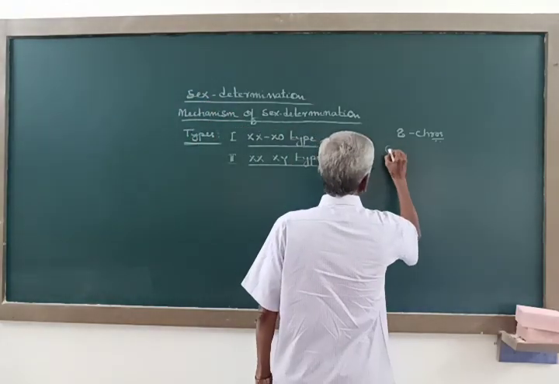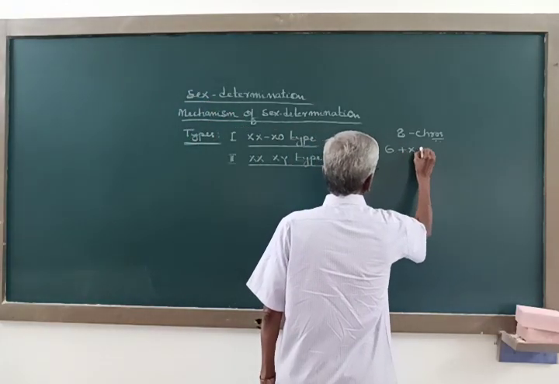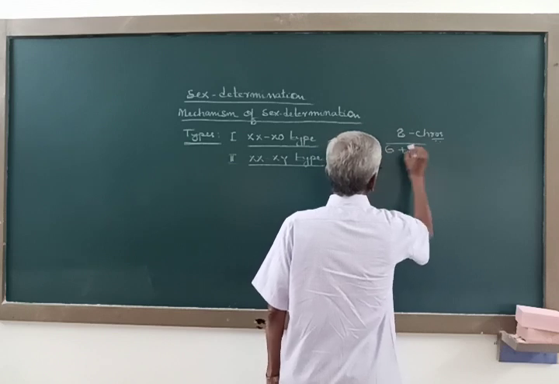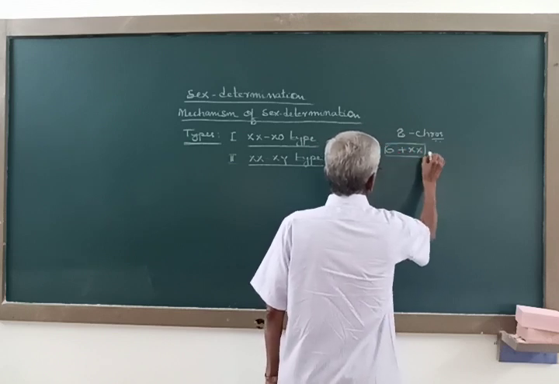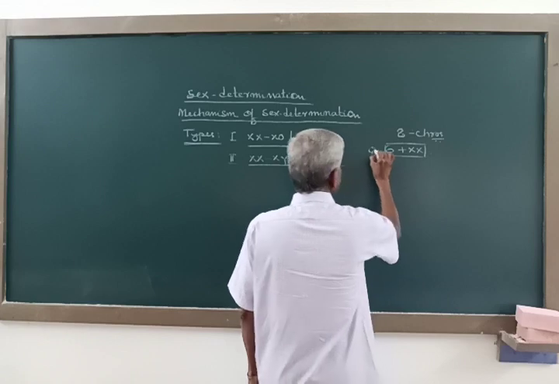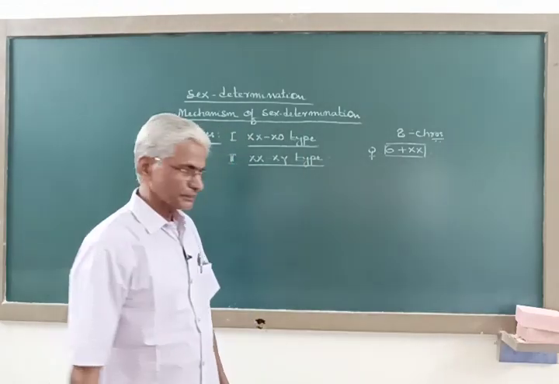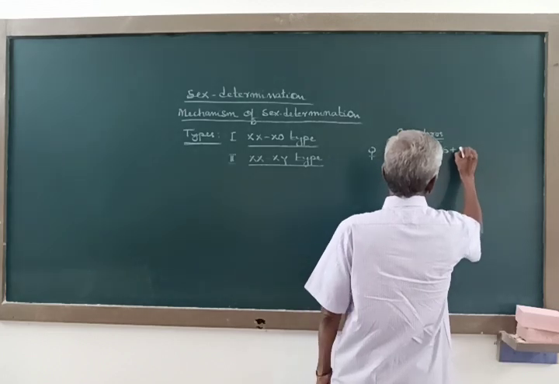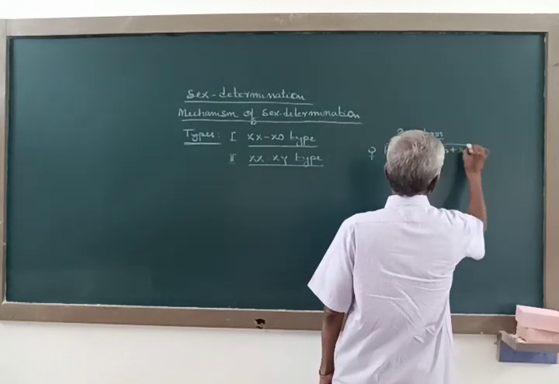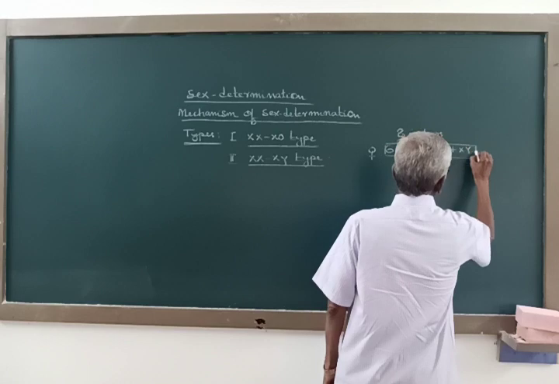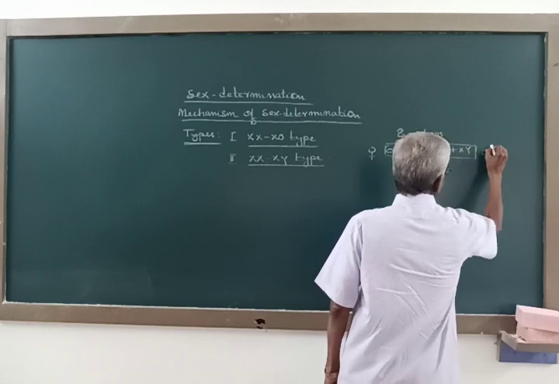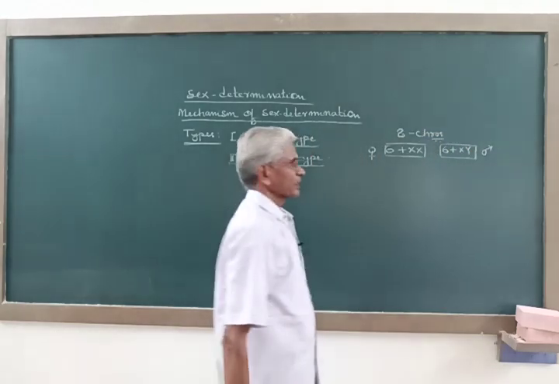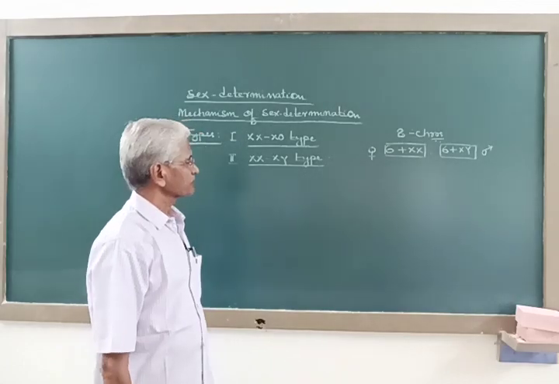There are 6 autosomes with 2 X chromosomes, then the sex of the fly will be female. And 6 autosomes and 1 X chromosome and 1 Y chromosome makes the fly become male.